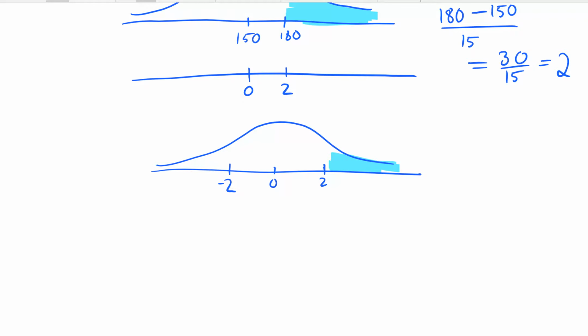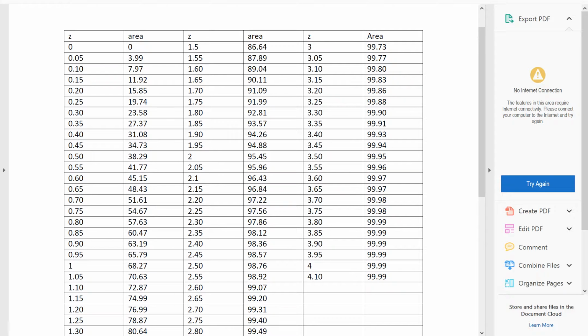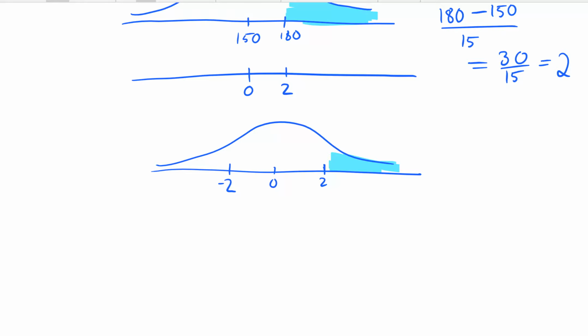If we go to the normal curve table and look for z equal to 2, that is 95.45. Hopefully you can see that right there, 95.45. That means, what the table tells us, is the area between minus 2 and 2 is 95.45%.